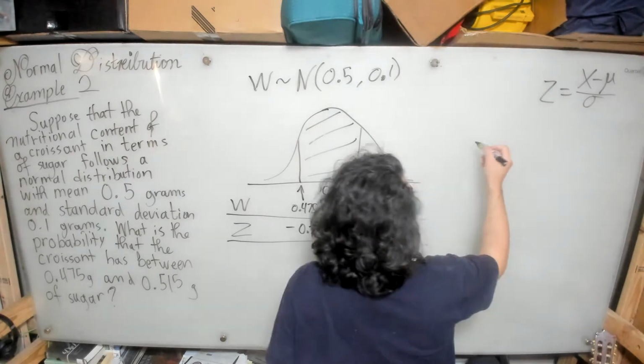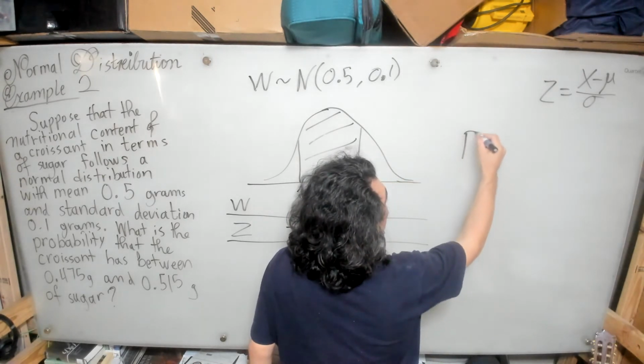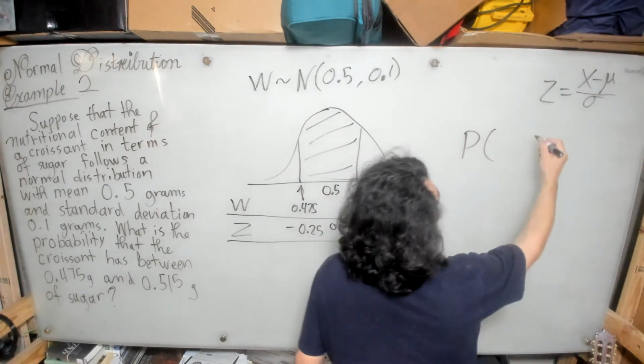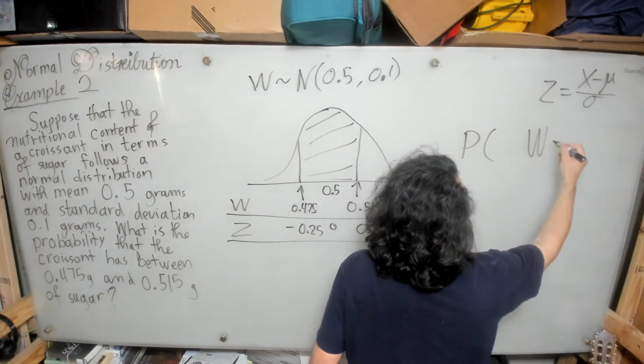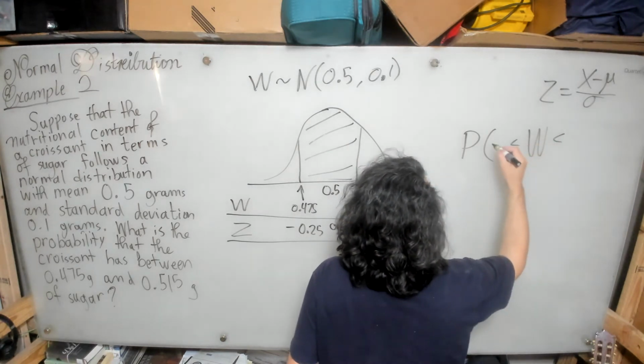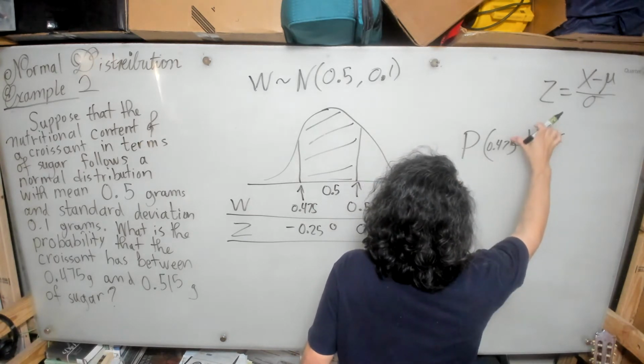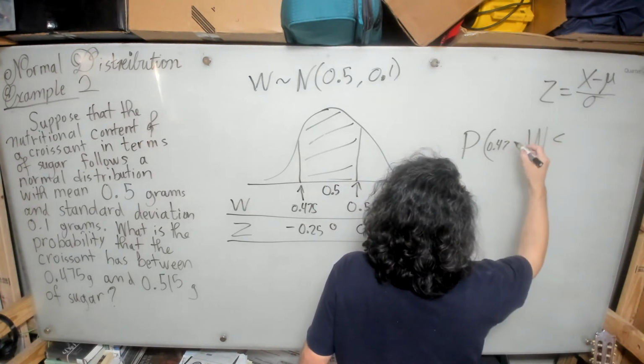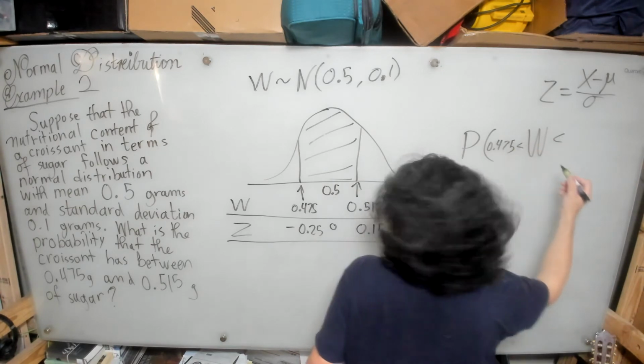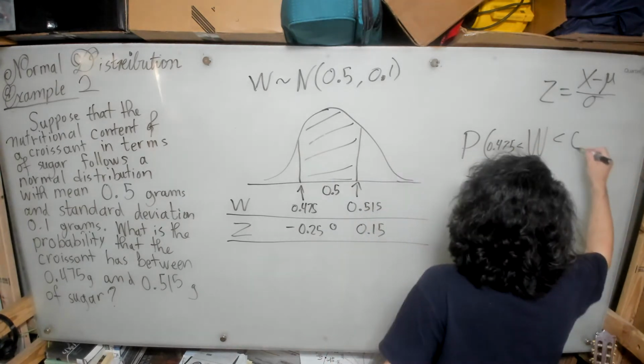So in other words, I can say that what I'm looking for is the probability that the random variable W is between 0.475 and 0.515.